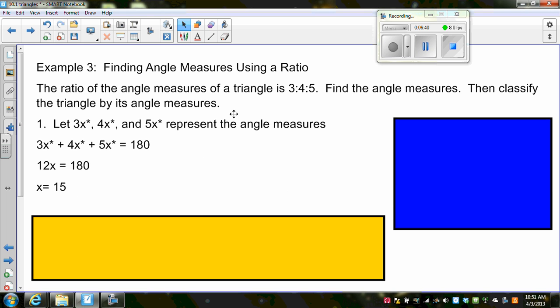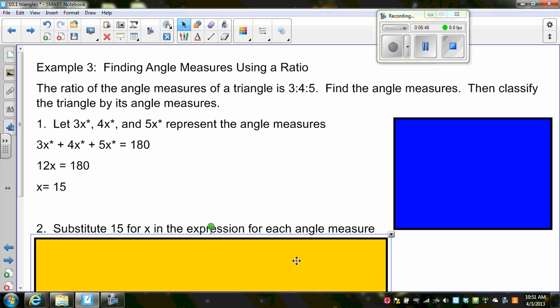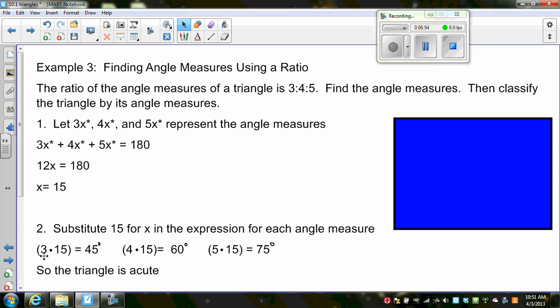They want to know what all the angles in the triangle are. So what we need to do is substitute 15 for x, like these up above, for each angle measure. So 3 times 15 gives us one angle is 45 degrees, another is 60 degrees, and the last is 75 degrees. And since all of these are less than 90, we know that the triangle is acute.